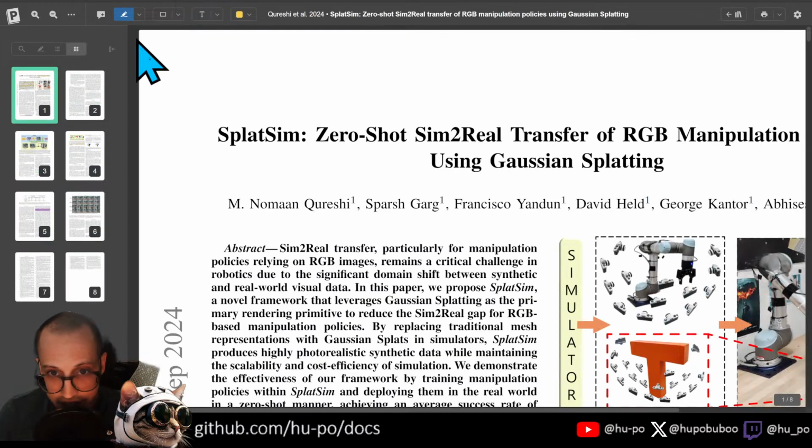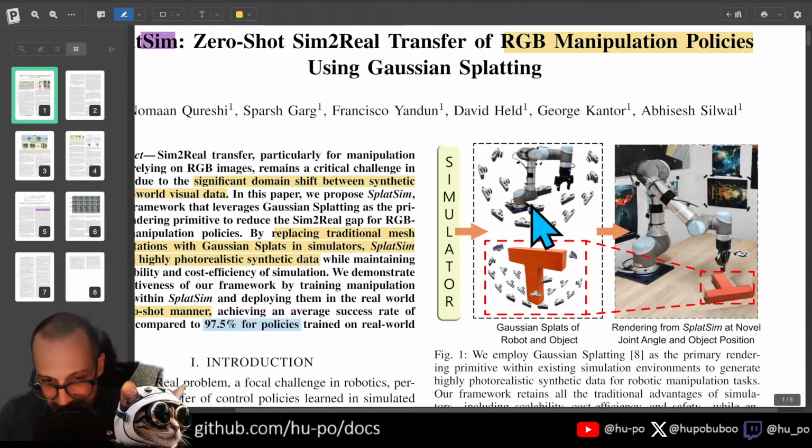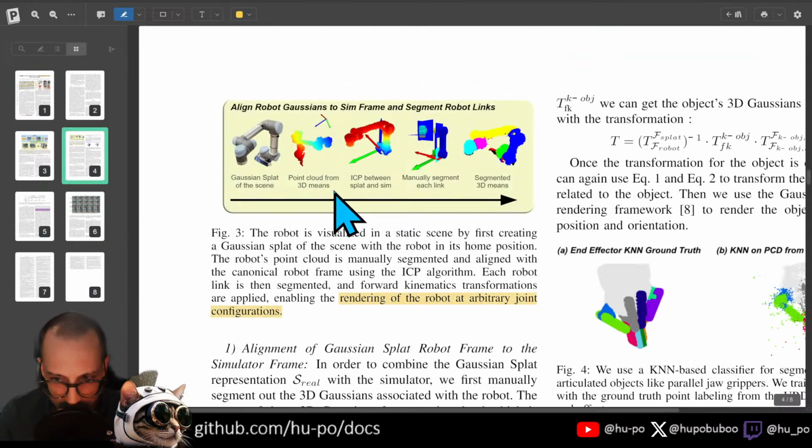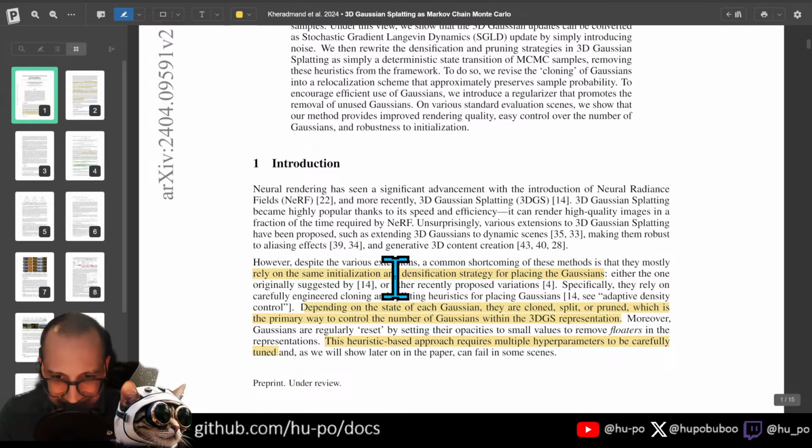You could also use a point cloud, right? If you have a depth camera, like the Intel RealSense that they have here, you could use the point cloud from that depth camera as the initialization for these Gaussian splats. Okay, so that's the initialization, which is a little bit in a weird place right now because there are a bunch of different ways of doing it. Another issue is this idea of densification and also pruning, right?